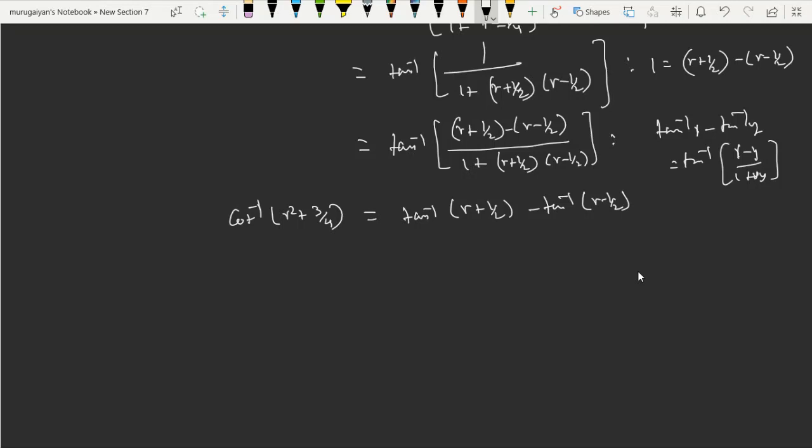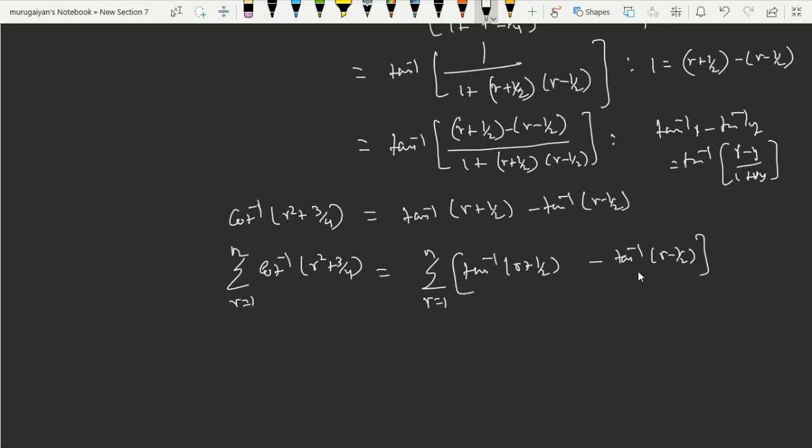Okay. When you take the summation of cot inverse of r square plus 3 by 4, r equal to 1 to n, on the other side also summation r equal to 1 to n of tan inverse of r plus 1 by 2 minus tan inverse of r minus 1 by 2.